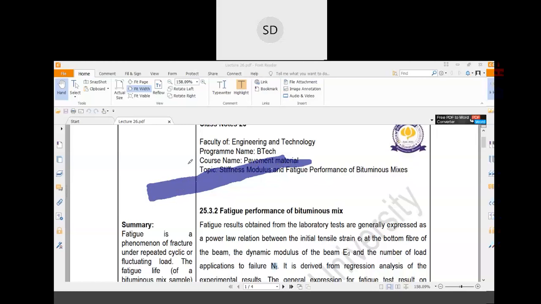Whenever a load is applied, the tensile forces act at the bottom of the pavement surface, not the total pavement thickness. Don't think of it as the total pavement thickness; it is only the bottom of the bituminous surface. Below this there would be the subbase layer, base layer, etc., and the subgrade layer. So the tensile stress or tensile strain is generated at the bottom of the pavement surface.